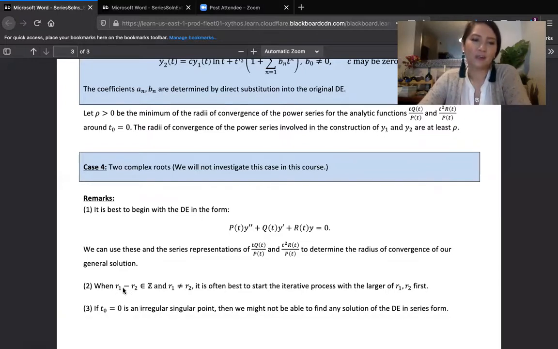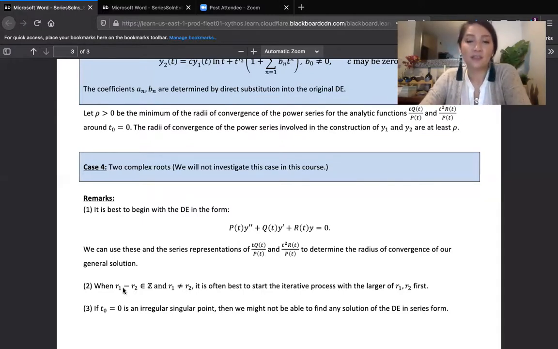So if you get two roots and one of them is, let's say, 1 and the other one is 3, they're not the same and their difference is an integer. You'll want to start with r1 equals 3 rather than r1 equals 1. Just pick the larger one to construct your y sub 1.